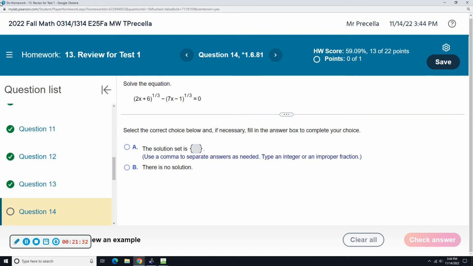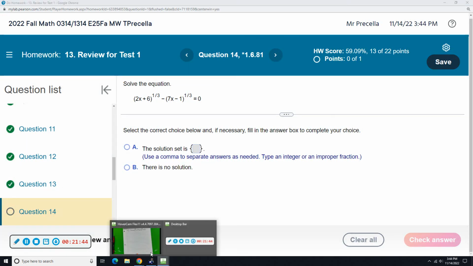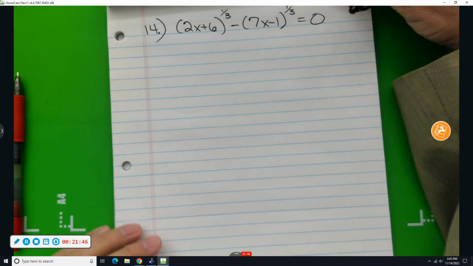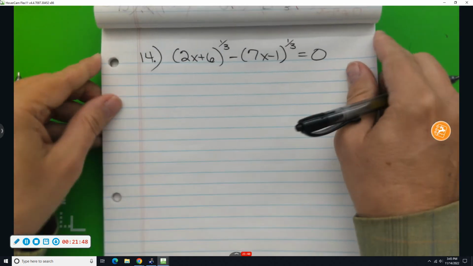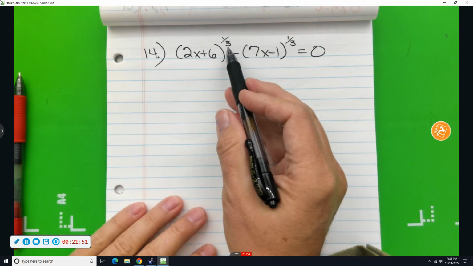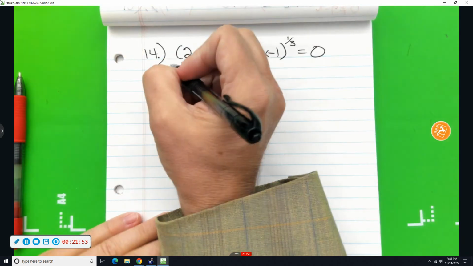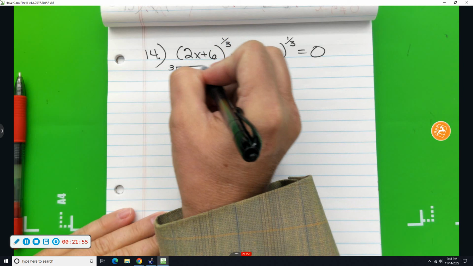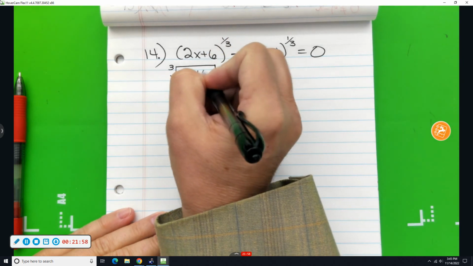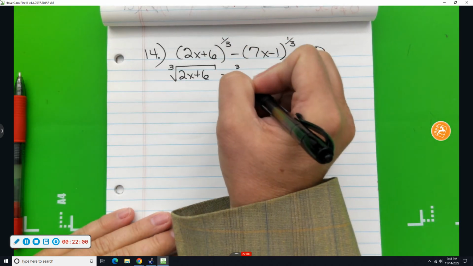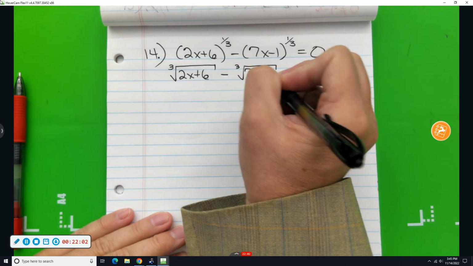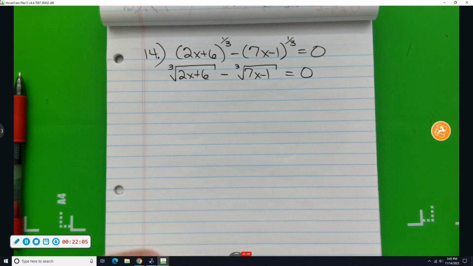Two x plus 6 to the 1/3 minus 7x minus 1 to the 1/3 is equal to 0. Remember, a 1/3 exponent is the same thing as a cube root. So you really have the cube root of 2x plus 6 minus the cube root of 7x minus 1 is equal to 0.